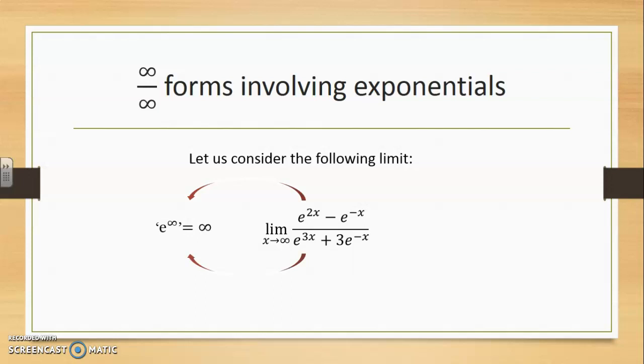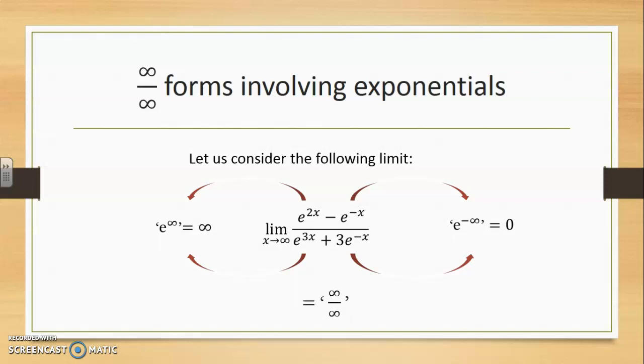E to the 2x and e to the 3x will take on e to the infinity forms when we do direct substitution, and those are infinite. However, e to the minus infinity is what we get from direct substitution on the two other terms. They tend towards 0. So who are the influential terms? Well, at the top it's e to the 2x, and at the bottom it's e to the 3x.